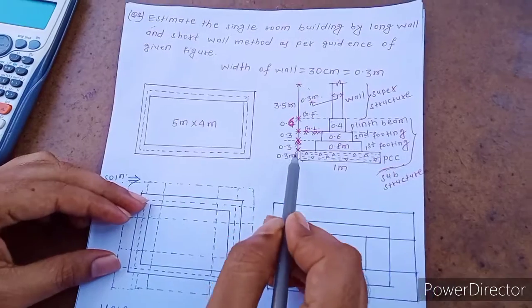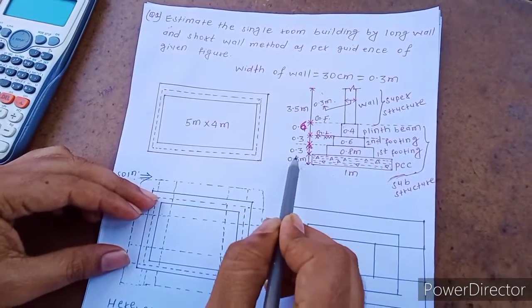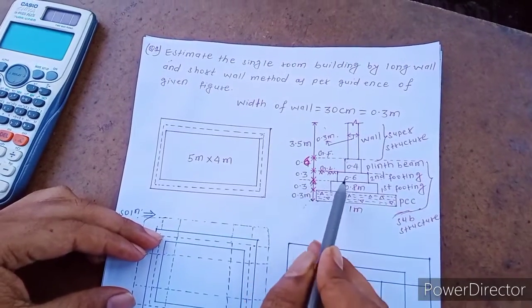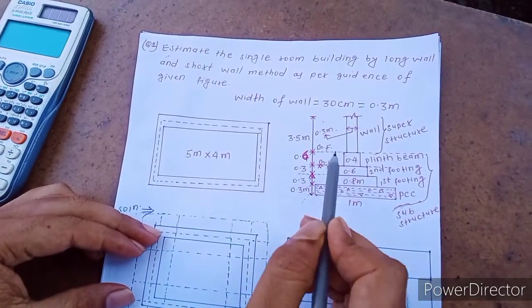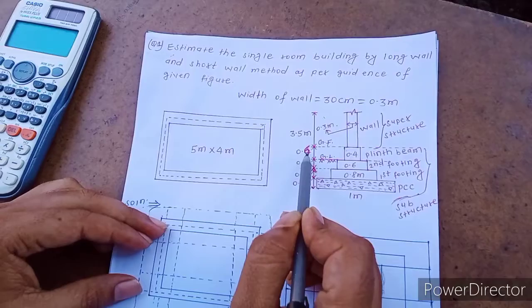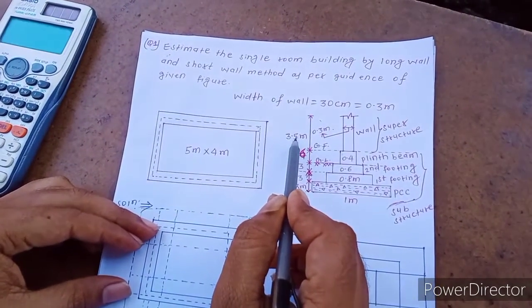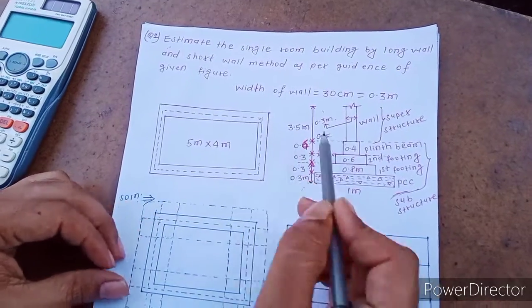The height of plain cement concrete is 0.3 meter, first footing 0.3 meter, second footing 0.3 meter, plinth beam is 0.6 meter, and for the wall superstructure the height is 3.5 meter.